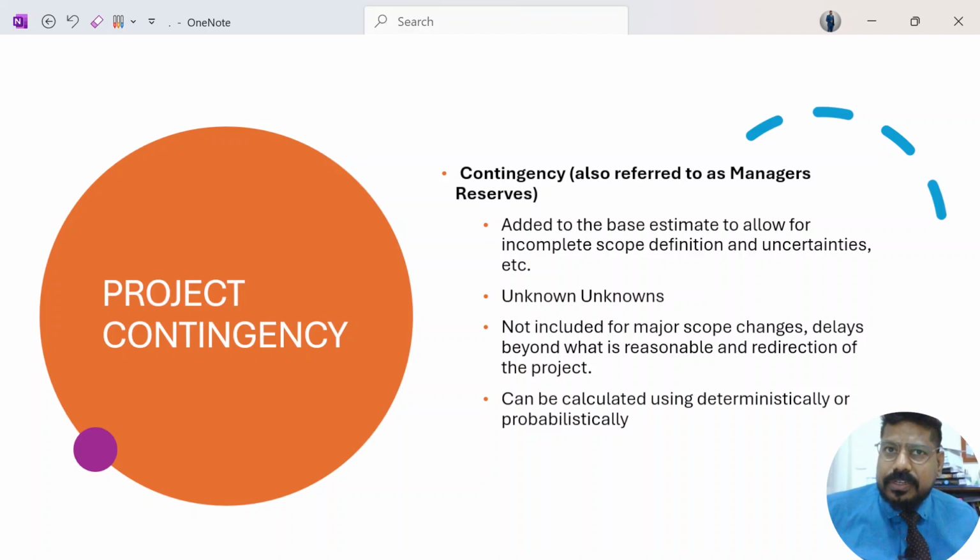The cost of the project is, to make calculation easy, let's say 100 units.